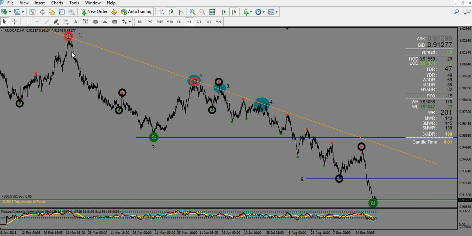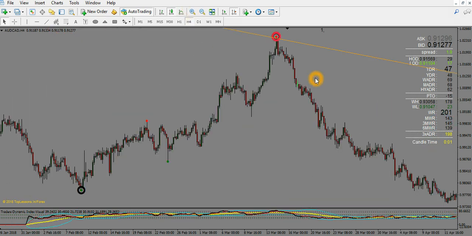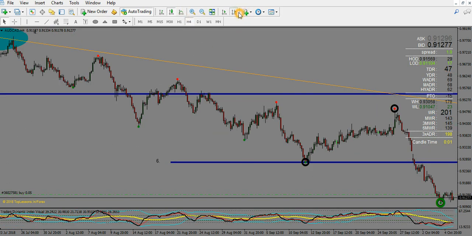Right, guys, this is the AUD CAD H4. I just zoomed out, gives me a nice overall clear picture of what I'm looking at, going all the way back to February 2018. So you can see this breakout over here, very, very clear, aggressive. Let's just quickly zoom in over there so we can have a better look at it.